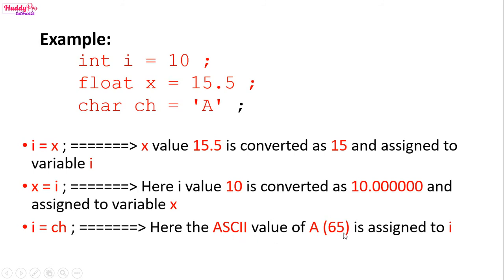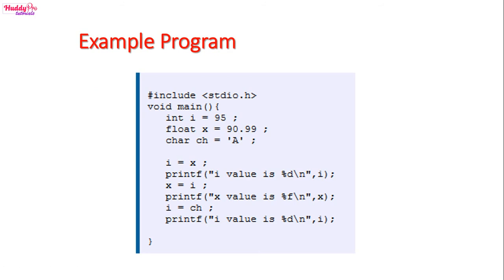So for A, that value is 65. It is that integer value, the ASCII value of A, that's going to be assigned to variable I. Let's look at an example. In this example, we are going to see how implicit type conversion works.